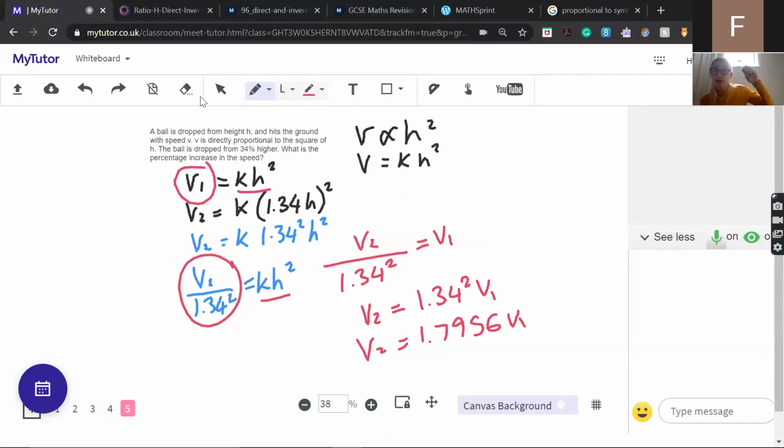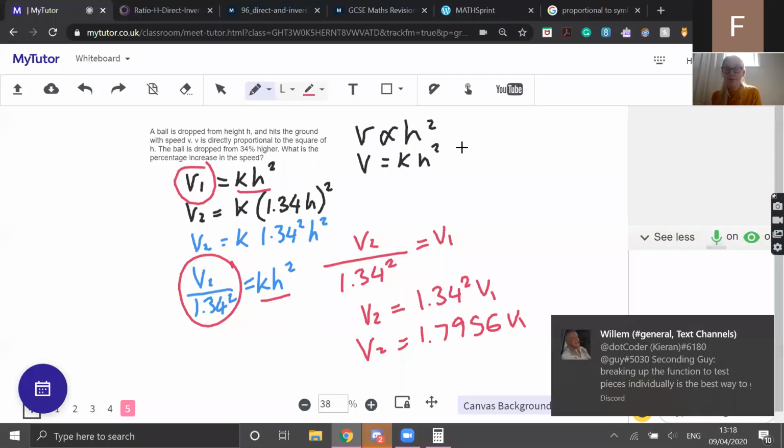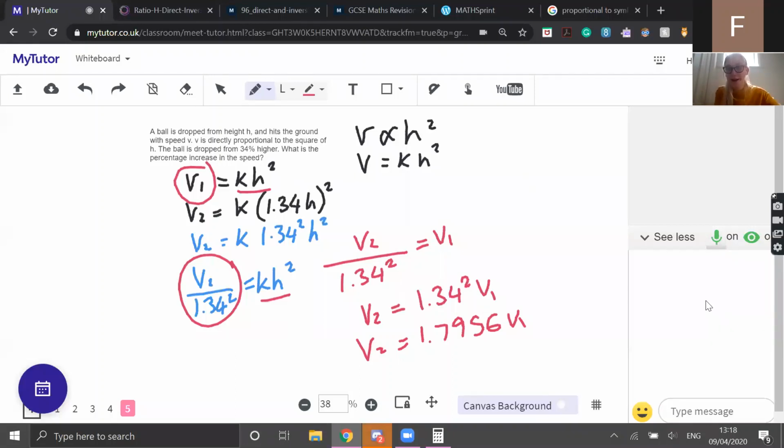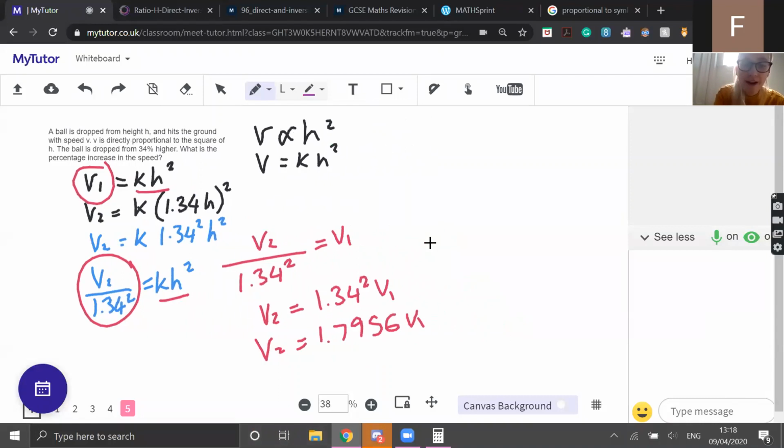So if we increase this by 34%, if we get 1.34 times higher, the velocity is 1.7956 times more. It's going a lot quicker. And again, we can just quickly see that this translates into a percentage increase of 79.56%. Again, look at yesterday for multipliers if you want to.